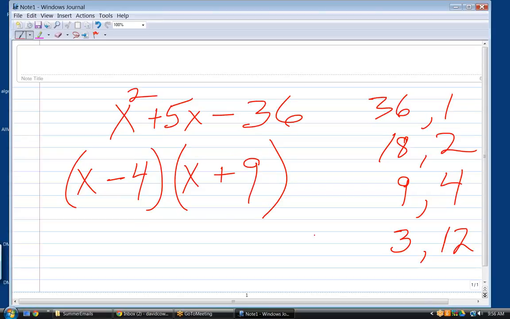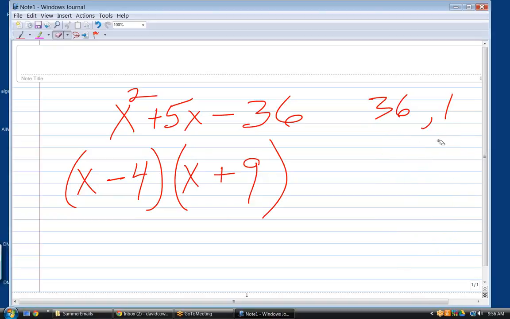When I am checking this problem, after I've got it done, rather than go to the next problem, I'm going to make sure that it's correct. Well, normally I would have to FOIL it. And I would get x times x is x squared.